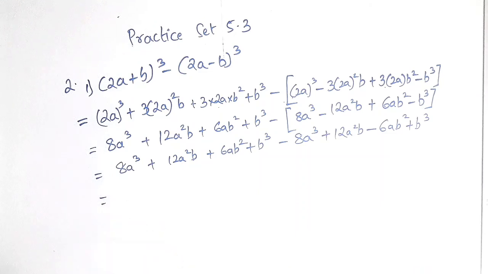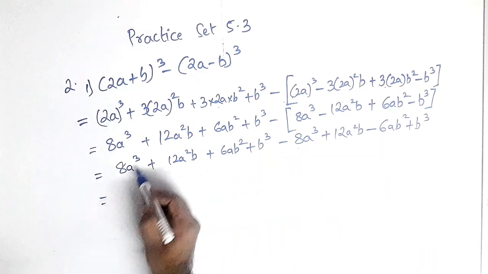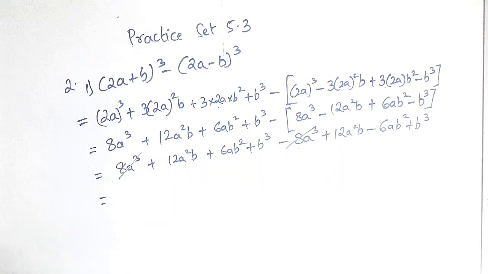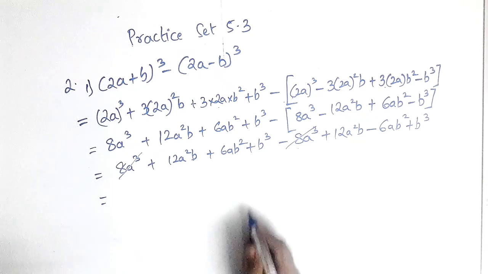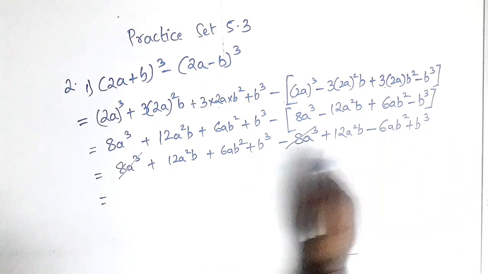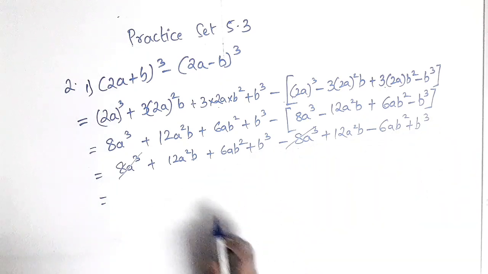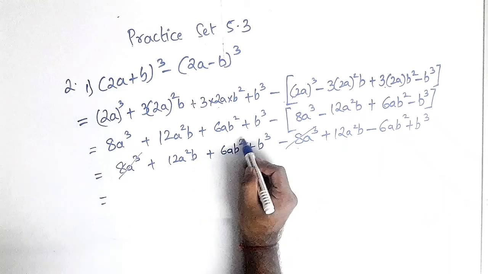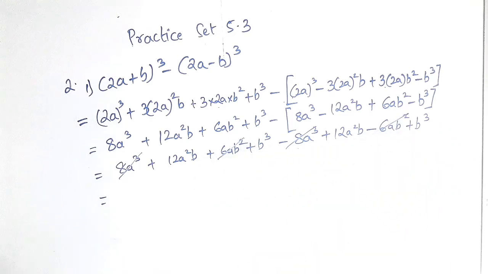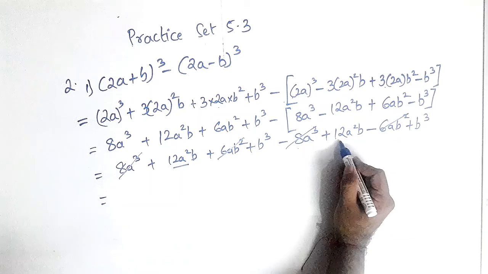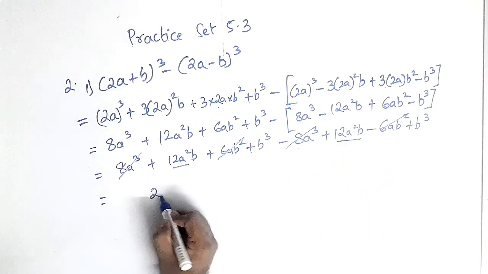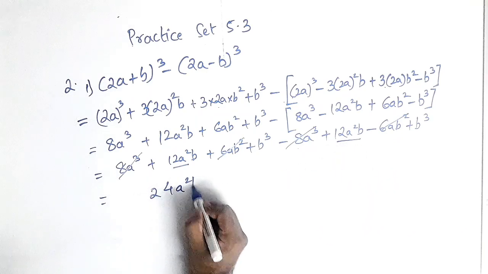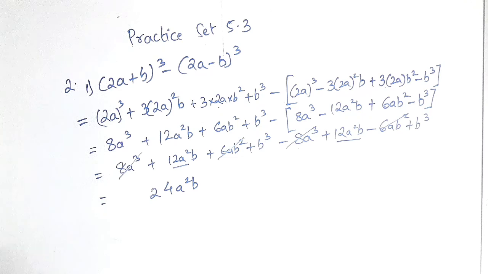Okay, now let us see what can we cancel. Minus 8a cube gets cancelled. Okay, plus b cube we cannot cancel. Minus 6ab square plus 6ab square we can cancel. Okay, so what remains is 12a square b plus 12a square b becomes 24a square b.